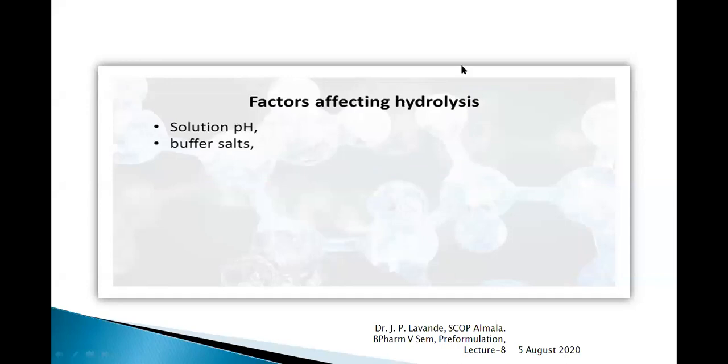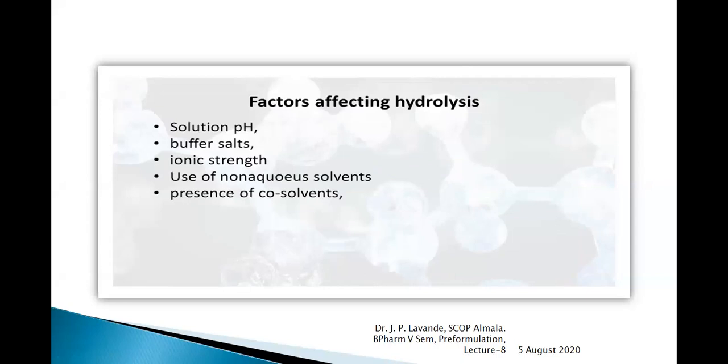So the factors affecting hydrolysis are the solution pH. As I told you, there is a need to maintain the pH in order to prevent the hydrolysis of atropine and procaine. There is a need to add buffer salts. Ionic strength is important. The use of non-aqueous solvents is important.